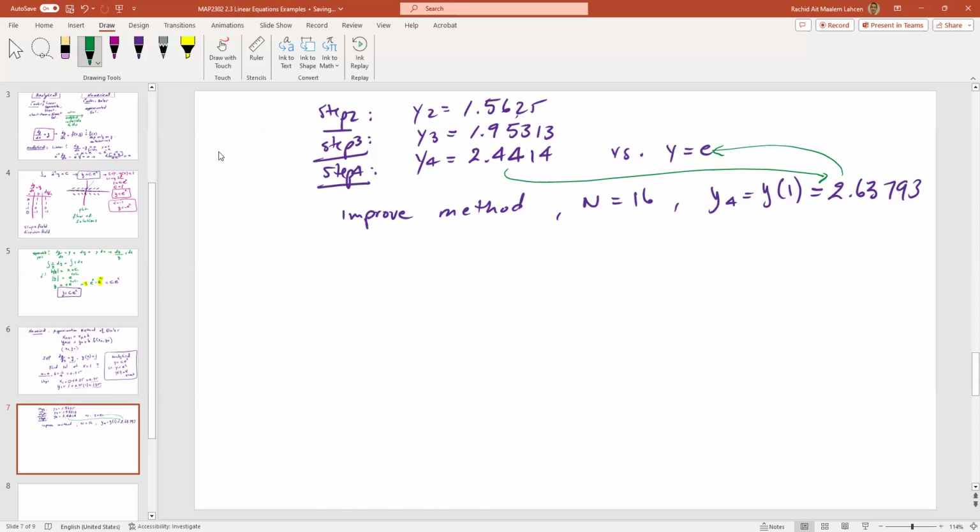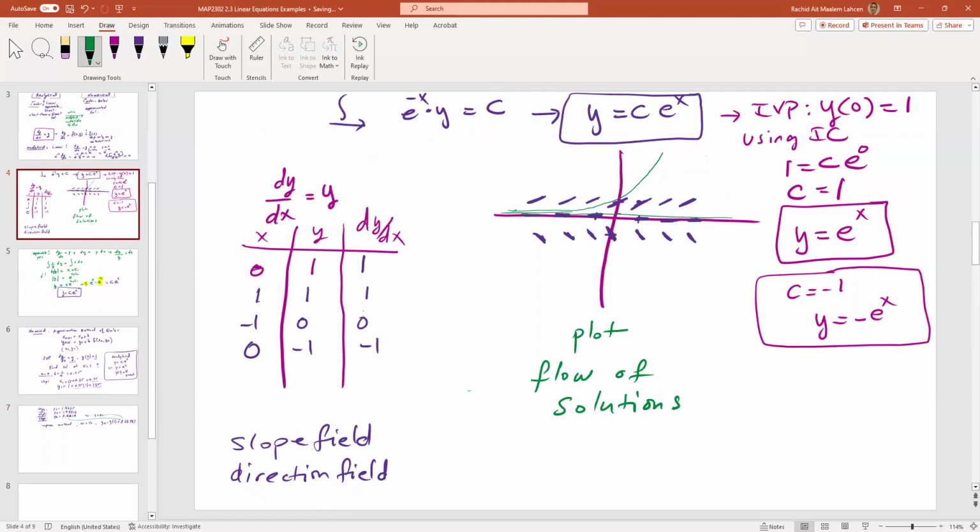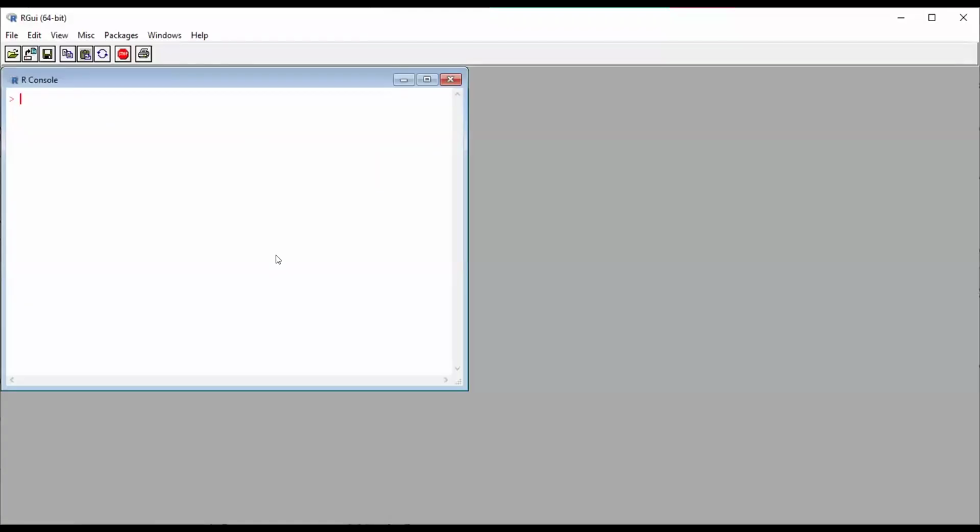Another thing is this vector field to show you. I'm going to use R here, which is open source, and I will dump in it a code that defines this differential equation, sets up the grid, calculates the slope at a lot of points, and plots them.